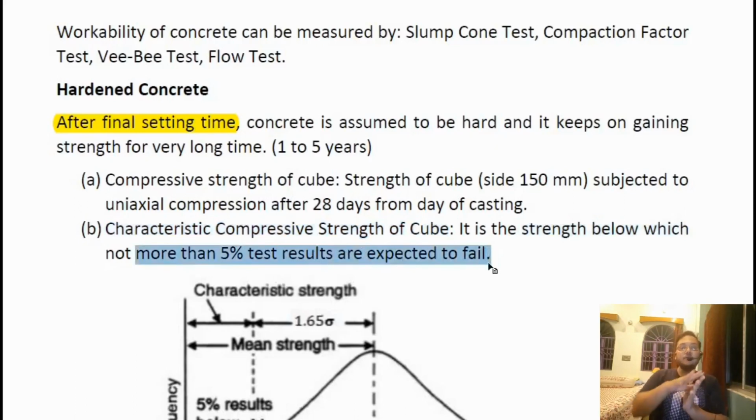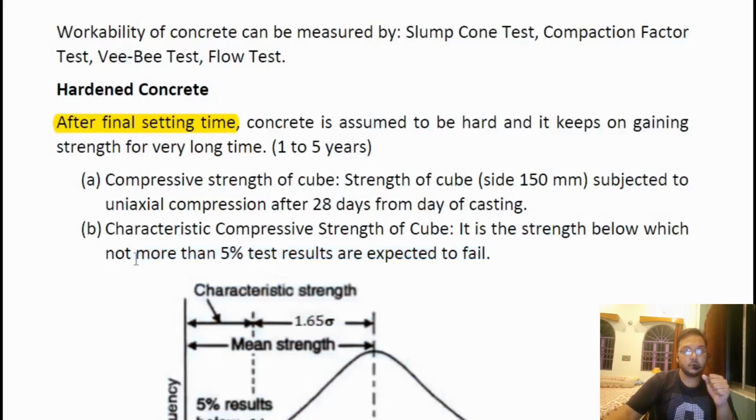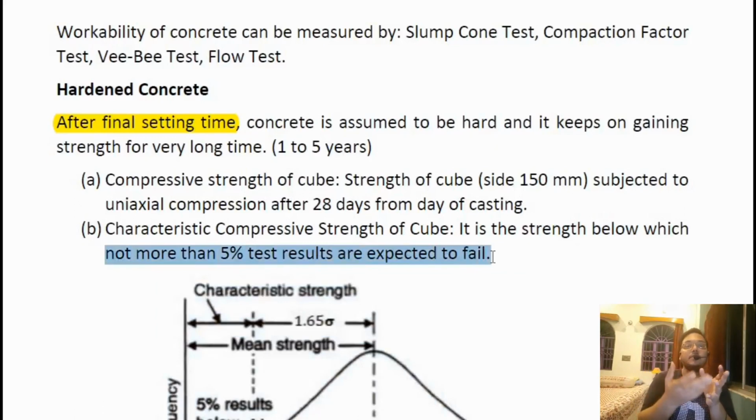So after you get the compressive strength of a certain number of cubes, if you arrange them according to the strength you are getting, the strength below which not more than 5% of results fail is given as the characteristic compressive strength. Suppose for a particular cube you are getting a strength from 18 to 22.